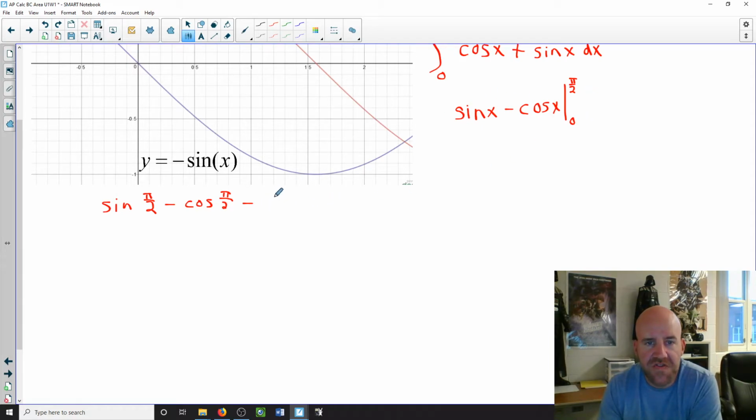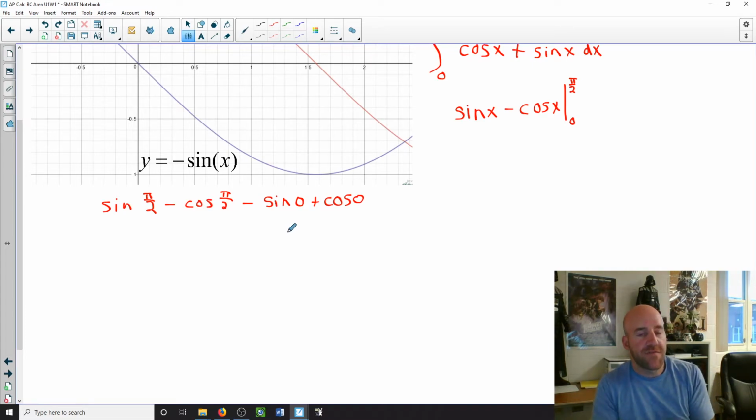So I'm just going to change the signs right now. So sine of 0. And then minus a negative, so that's going to be plus cosine of 0. And now we just evaluate.